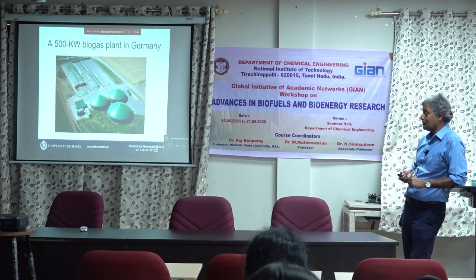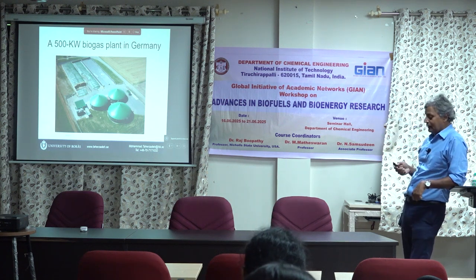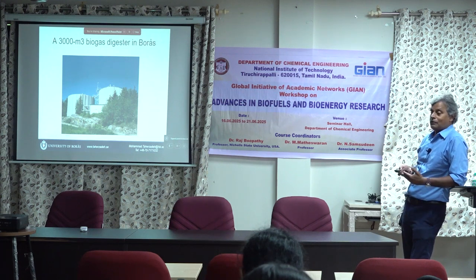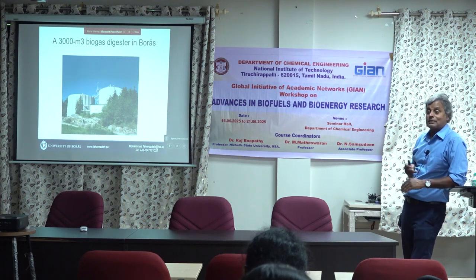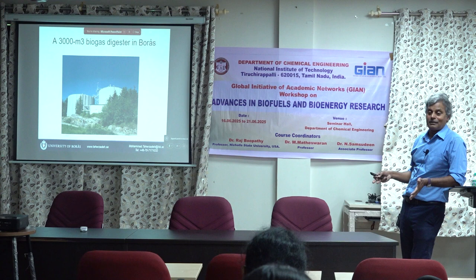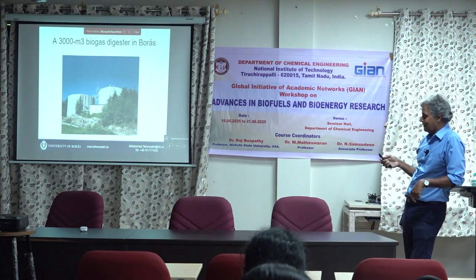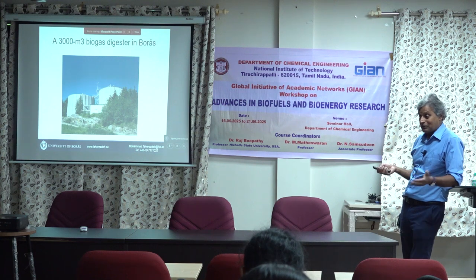You can see the bigger biogas tank, and it has digestate processing and everything in one area. And this is the 3,000 cubic meter biogas plant in Borås, Sweden, so you can make it as simple as a small one, or as big as industrial size, depending on the need. The process is the same, the bacteria are the same. The design is really based on what your input is, how much waste is coming in.